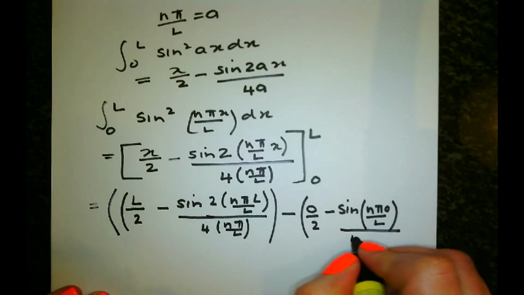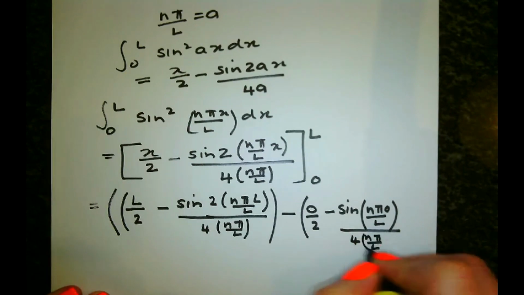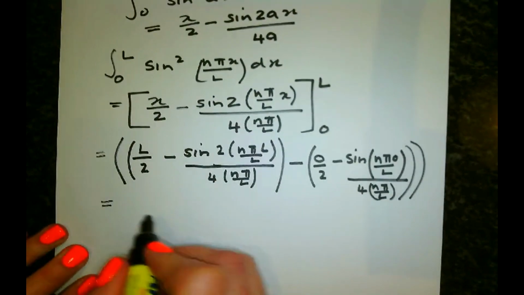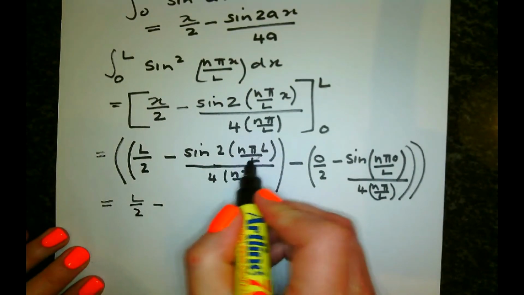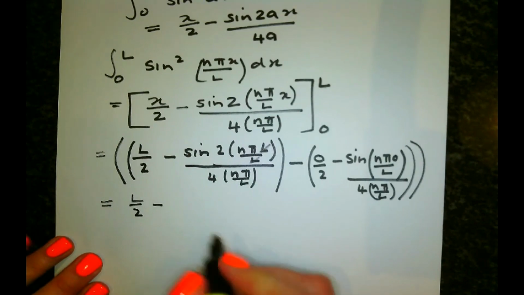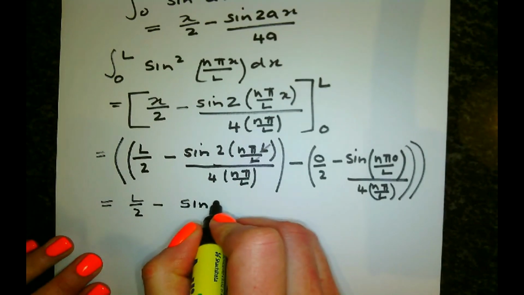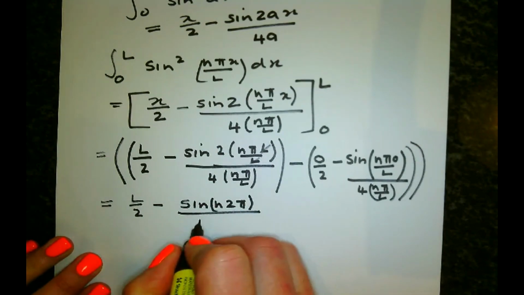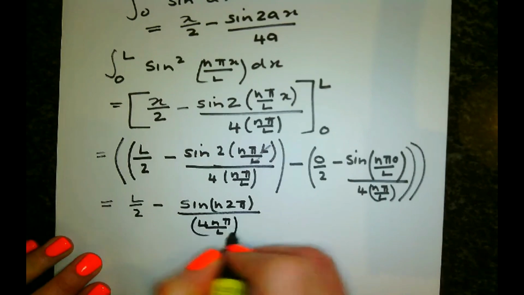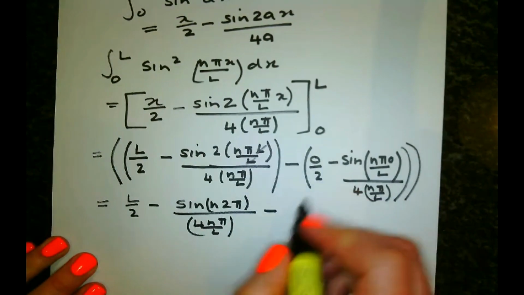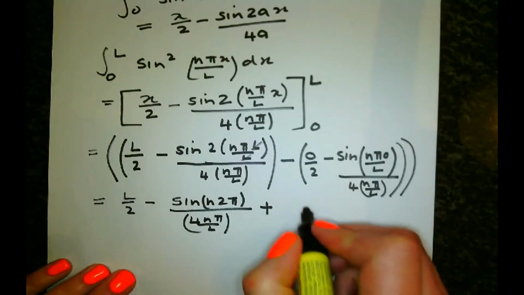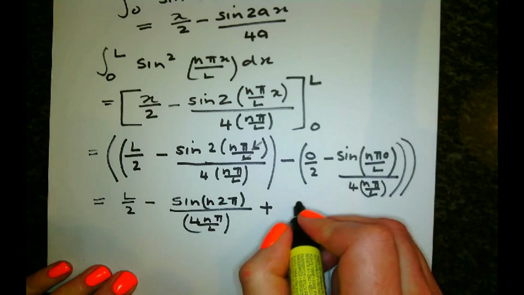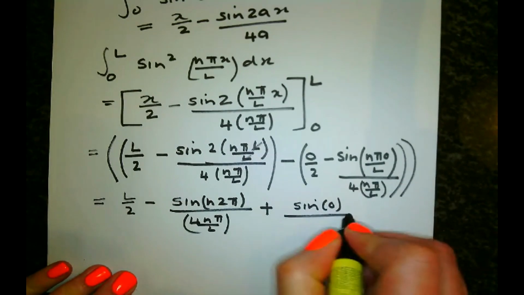All of that divided by 4 n pi L. So that becomes L over 2. Those L's cancel. Minus 0, minus times a minus becomes a plus. N times pi times 0 just becomes sine 0.